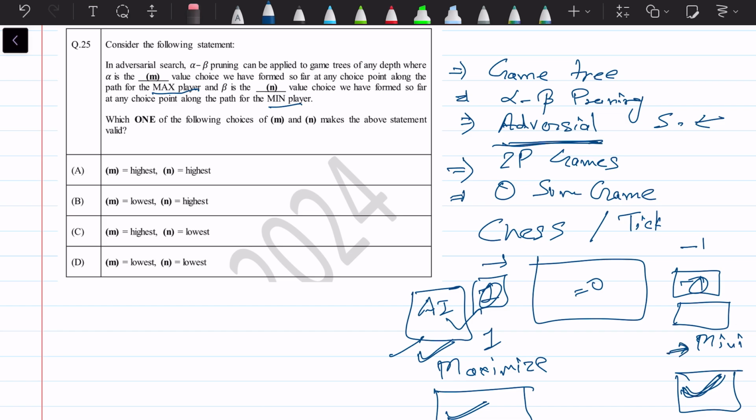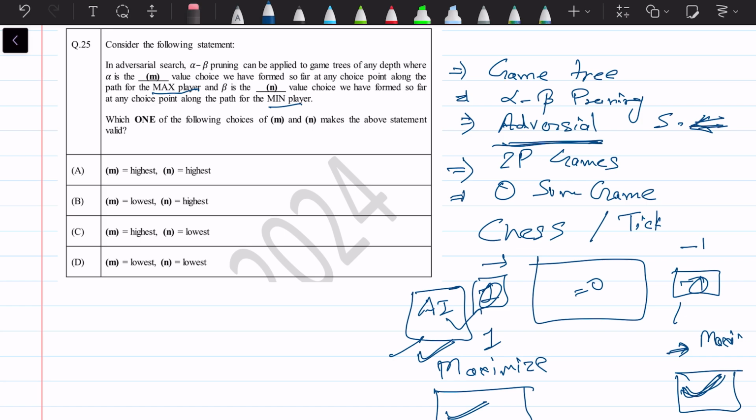So these kinds of searches are called adversarial search, where two players are fighting to maximize their reward. It can be in the negative or in the positive. So basically they both are maximizing: one in the positive direction and one in the negative direction, we can also say that.